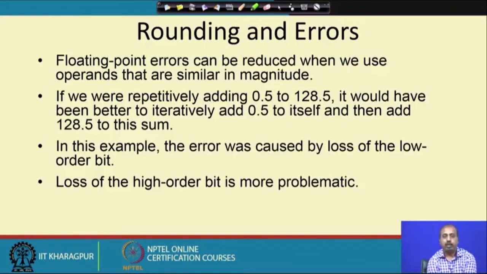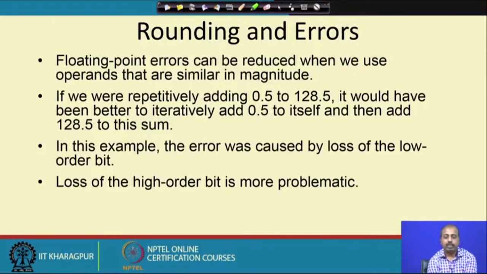In this way, while doing the 0.5 additions, error will not be introduced. It is possible that some error will be introduced while adding with 128.5, but that will be introduced only once. So the error possibility will reduce.